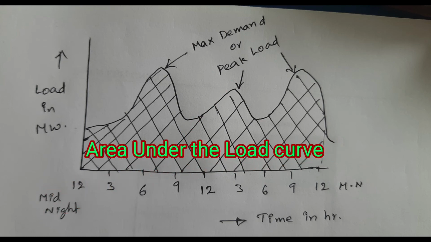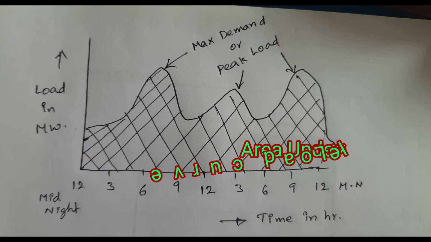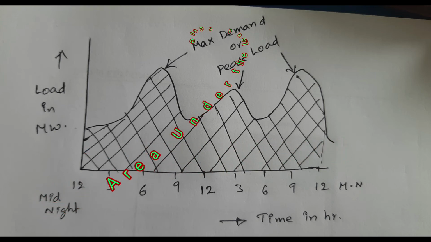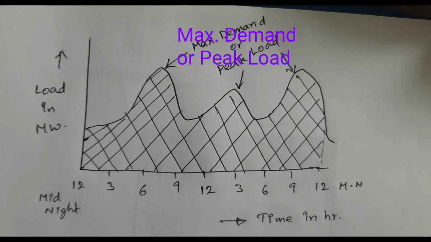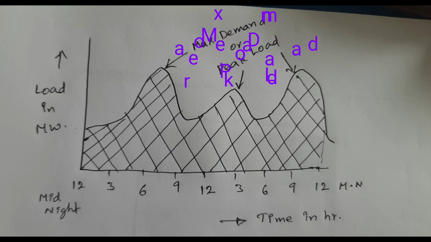Units generated per day is equal to the area in kilowatt hours under the daily load curve. It is very important. The highest point on the load curve represents the maximum demand on the station on that day. The area under the load curve divided by the total number of hours gives the average load on the station.